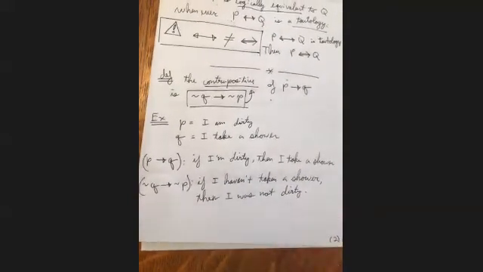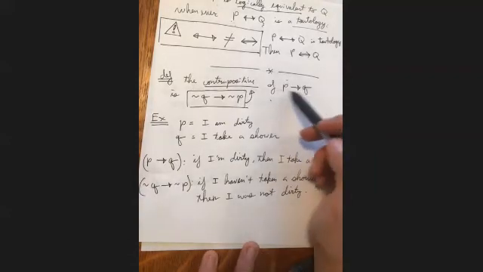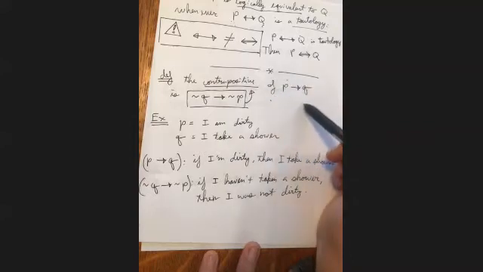And one thing I will stress here is that for you right now, it might seem like this is just a factoid, not necessarily useful in any particular way. But I can tell you as a mathematician that there are times when you're trying to show that two things imply one another, but you can't show it directly.